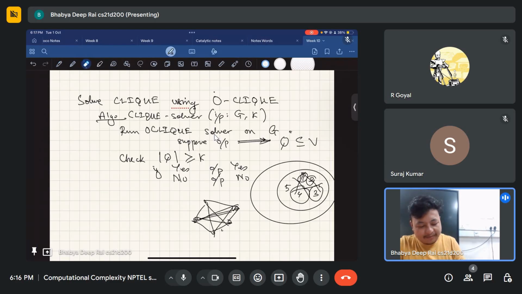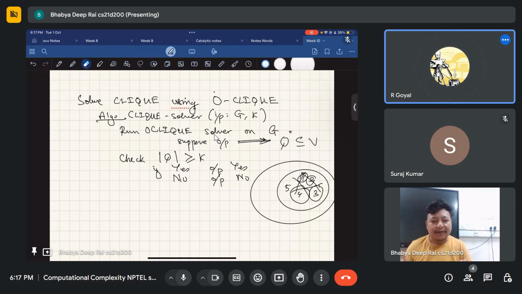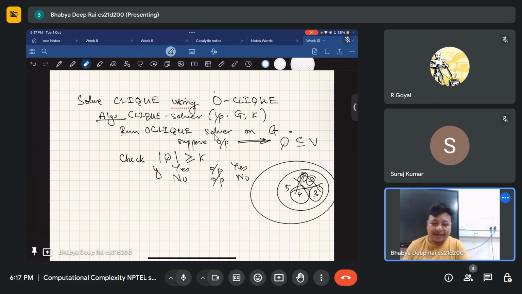This way you can see that if I simply check if there is a large clique which is larger than k, I am guaranteed that there will always be a clique of size k, which solves the decision version for the yes instance. Now for the no instance, let's say the clique it outputs is of size smaller than k.